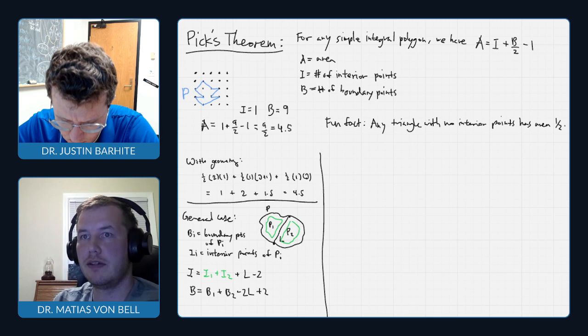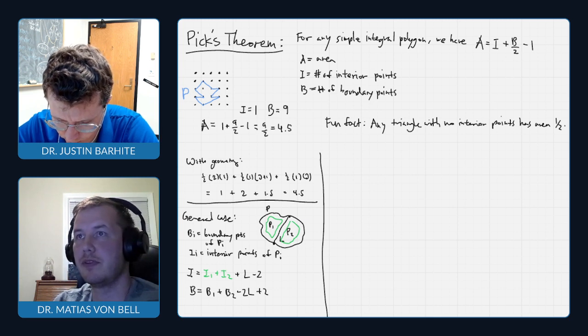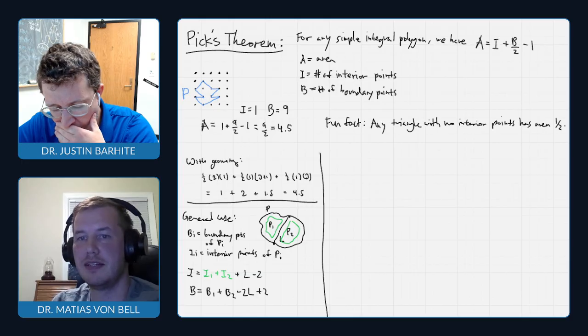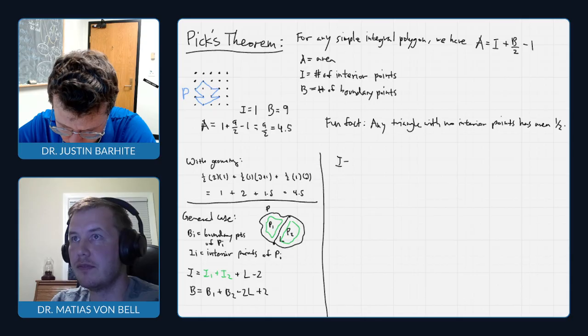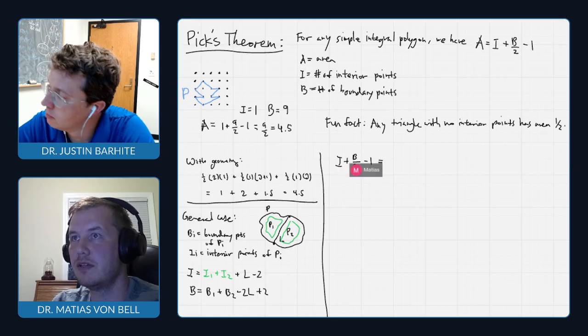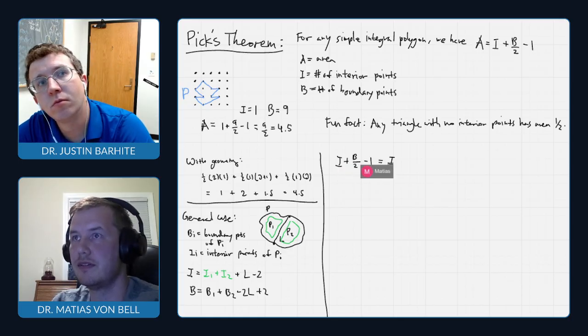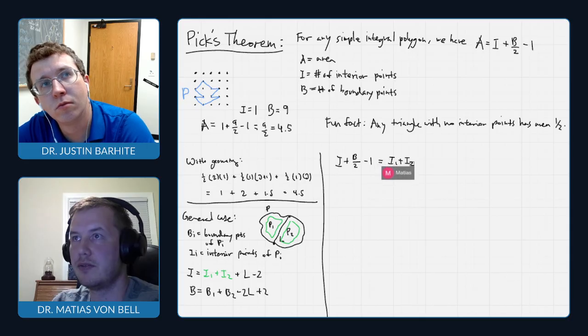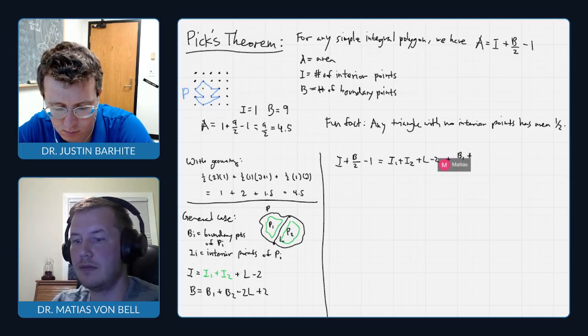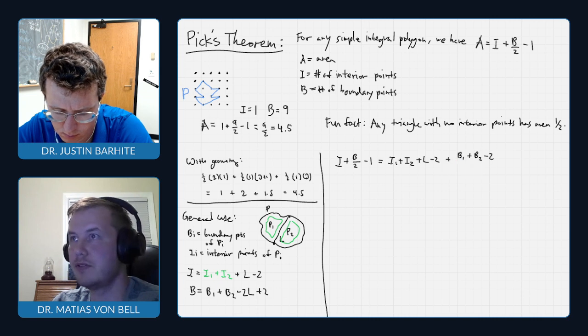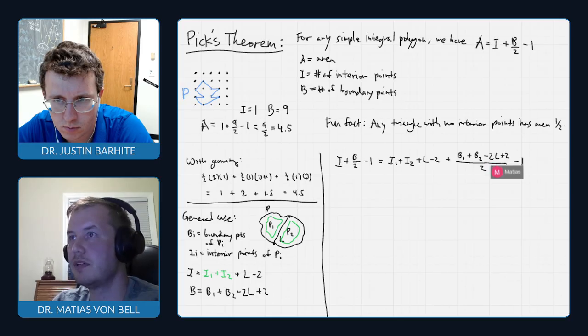So now that we've related the interior points and the boundary points of the big polygon to the little ones, let's see what happens with the identity I plus B over 2 minus 1. You just substitute the stuff in. I1 plus I2 plus L minus 2, and then plus B1 plus B2 minus 2L plus 2, all divided by 2, minus 1.